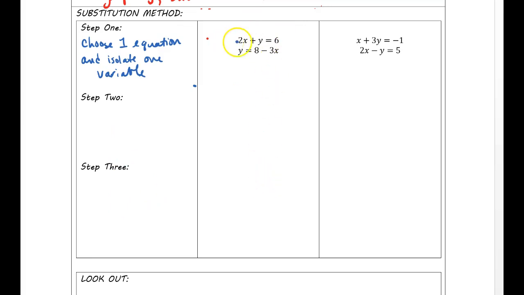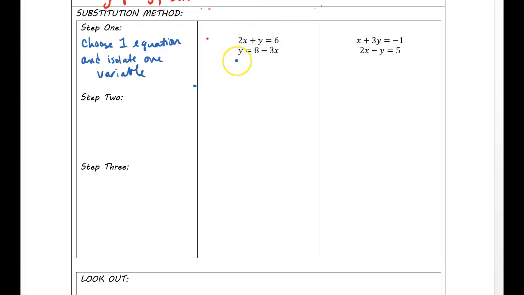Okay, so you choose one of your 2 equations. Now, it doesn't matter which equation you choose, either number 1 or number 2, but our ultimate goal is going to be to get one of the letters by themselves, one of the variables by themselves, so either the x or the y. Now, I am looking at this, and notice in equation 1, x and y are mixed on this side right here.